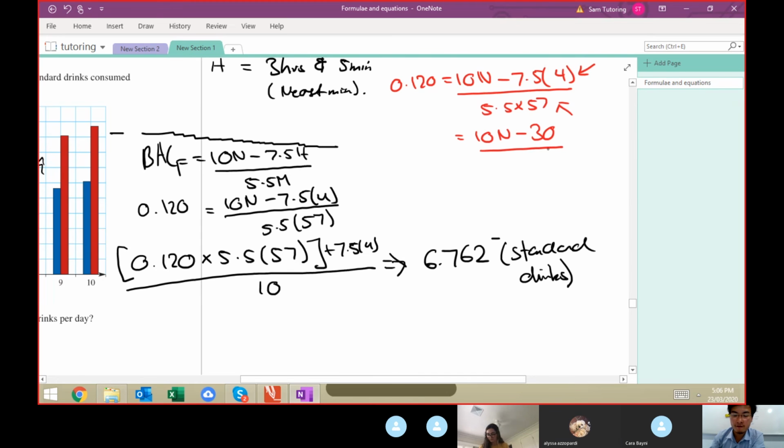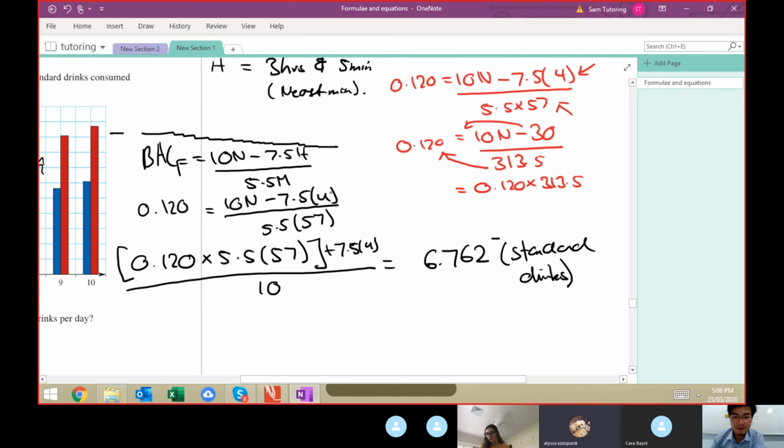And what is 5.5 times 57? 313.5. Yep. 0.120 times 313.5, we get 37. Actually, I'll do one step at a time, otherwise I'm going to confuse you again.